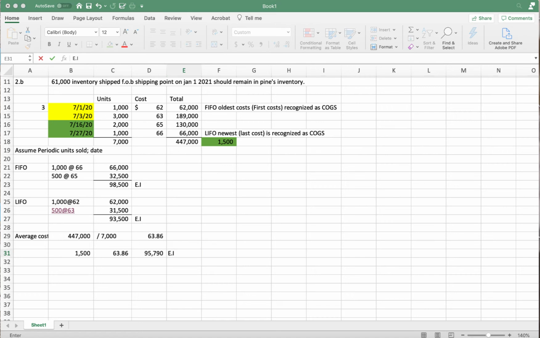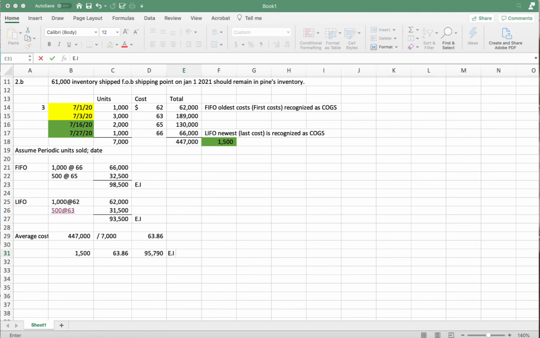Okay, so let's look at 4. What's 4 say? 4 says Hirsch Company adopted the dollar value LIFO method on January 1st, 2020. Using internal price index and multiple pools, the following data are available for inventory pool A for 2 years following the adoption of LIFO.